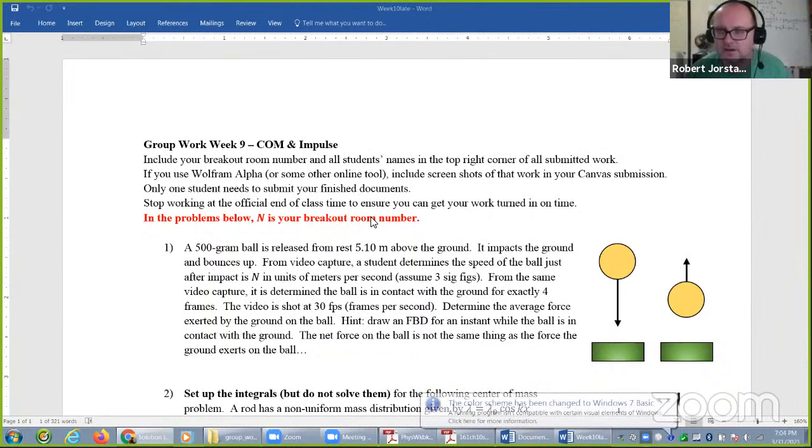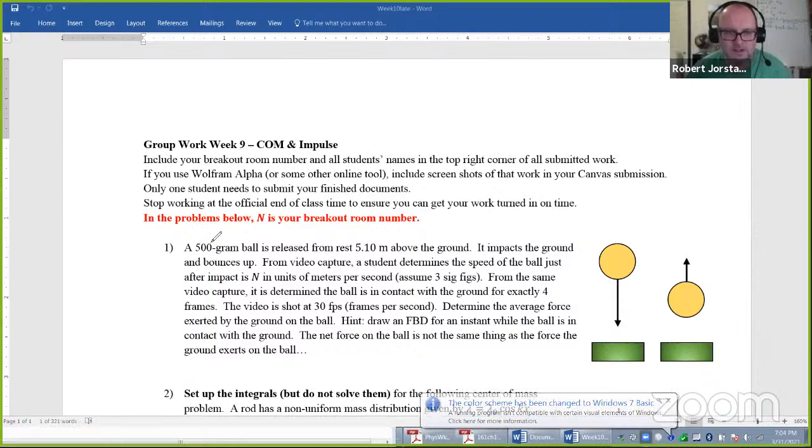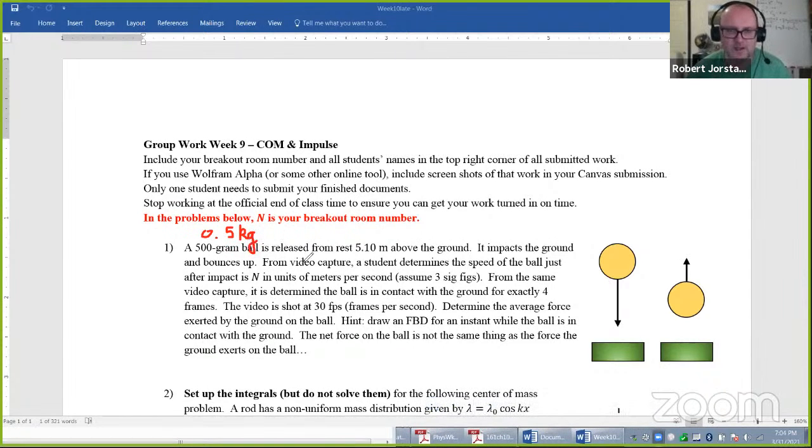All right. And so with this one, there's a couple of principles at work here. First, I'm going to say we've got a 0.5. I'm going to ignore sig figs so I can get this done quickly. It's at rest this height above the ground. It impacts the ground and bounces up. So I'm going to call this V1 for the velocity at stage 1 and V2. You could call them initial and final or however you want to do it.